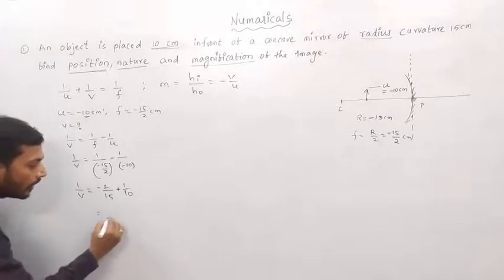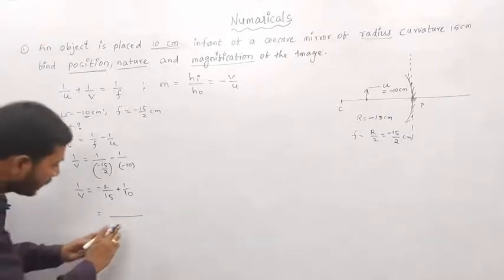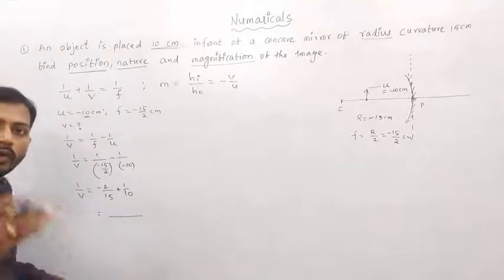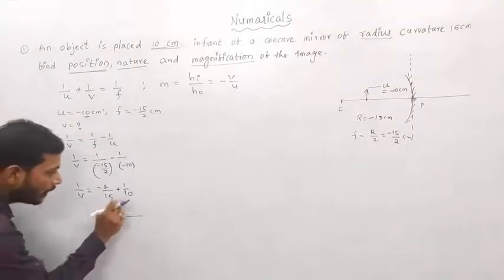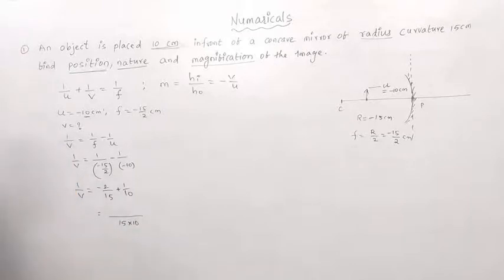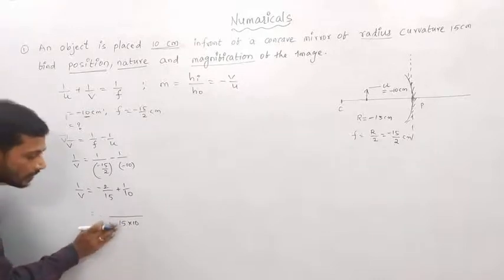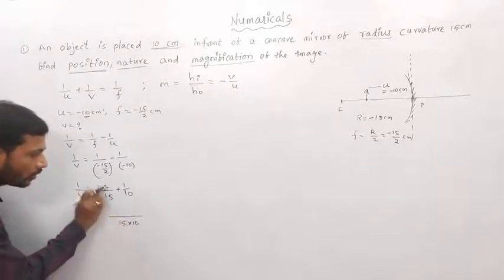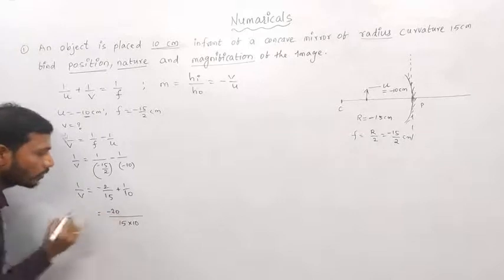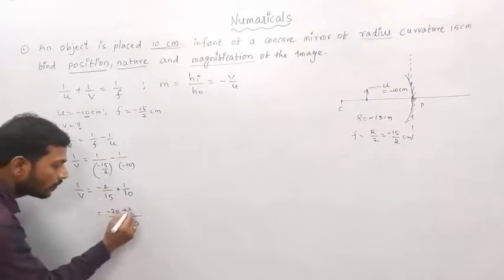Then 10 and 15, LCM. If you know the LCM, you can take the LCM and do it. If you don't have the patience to do LCM, simply write like this, 15 into 10. 15 is there here, sir. Close the 15. 10 into minus 2, minus 20, sir. Plus 10 close, 15 into 1, 15, sir.